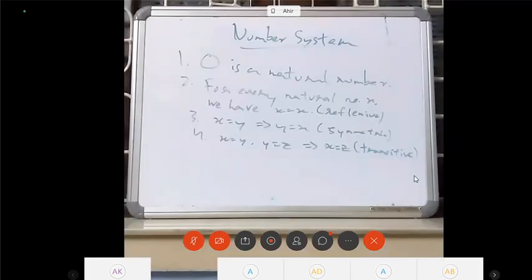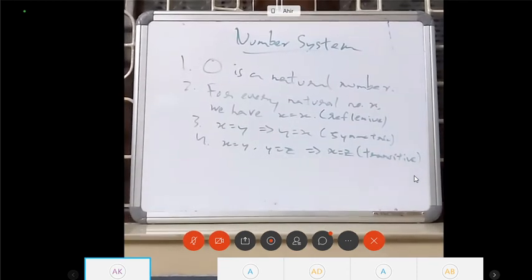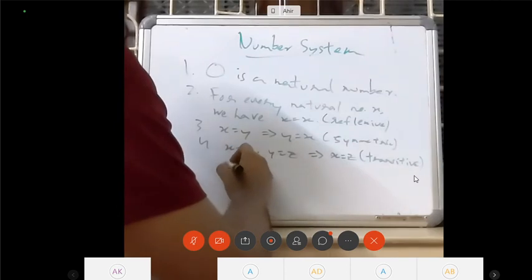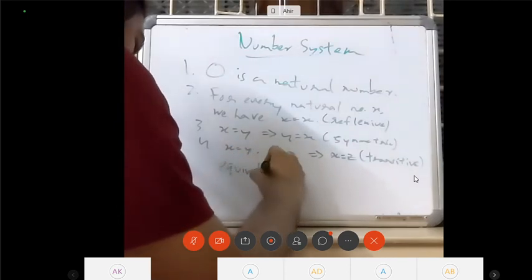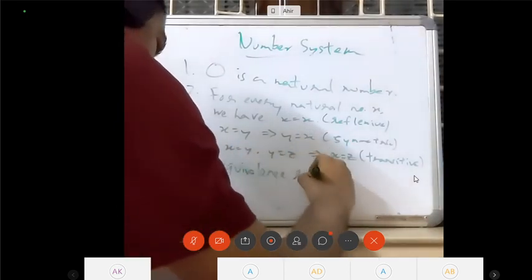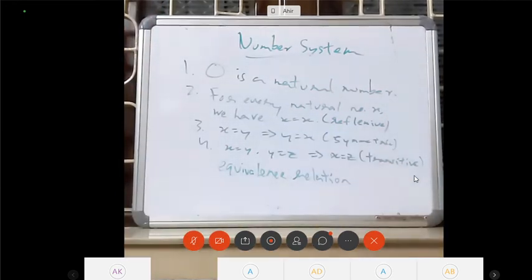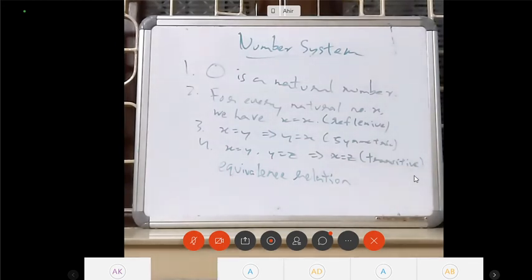We basically say that such a relation is an equivalence relation. An equivalence relation is something which is reflexive, symmetric, as well as transitive. We have x equals x, which is reflexive. x equals y implies y equals x, which is symmetric. x equals y and y equals z implies x equals z, which is the transitive property.